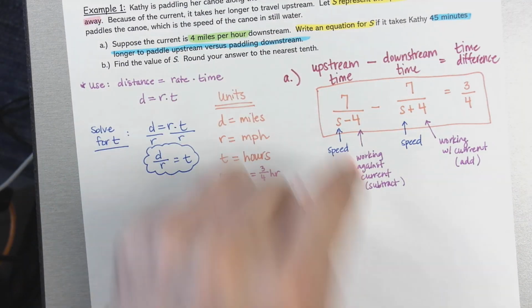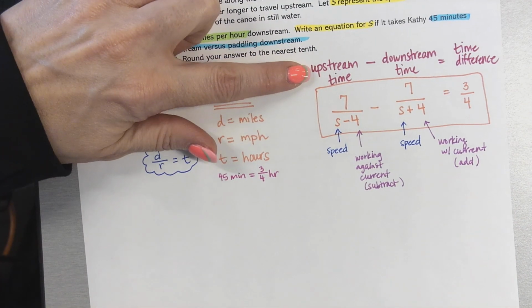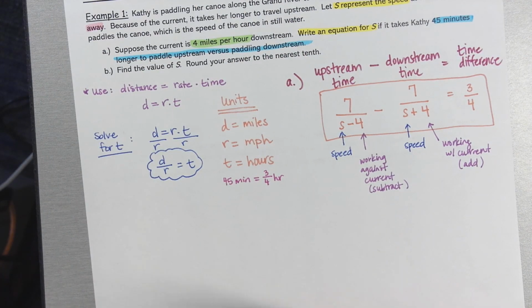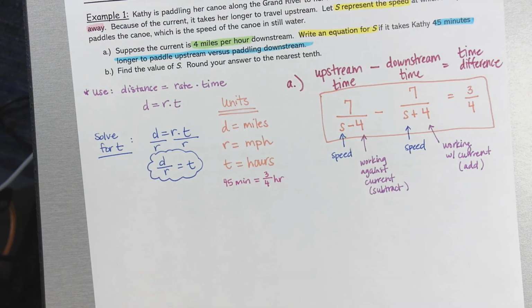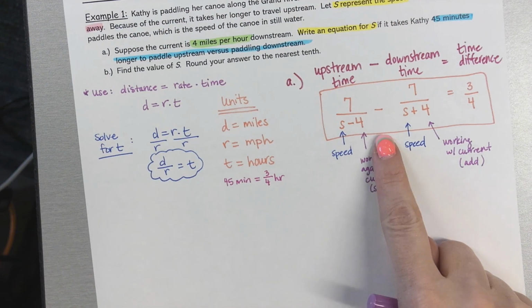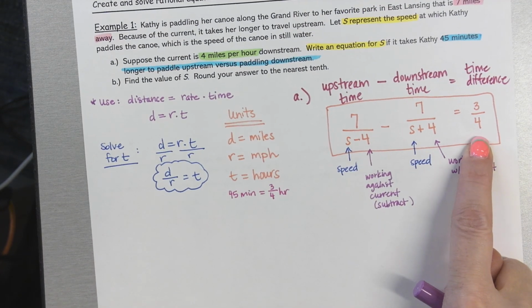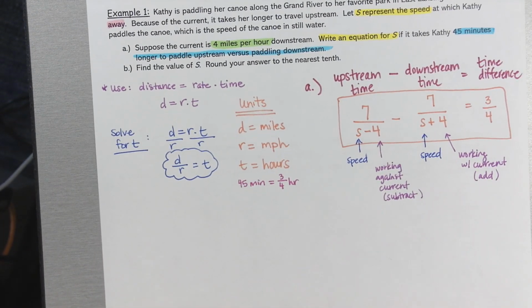Okay, so the distance over the rate gives you the time for upstream. The distance over the rate gives you the time for downstream. And the difference between them, we know, is 3/4 of an hour.